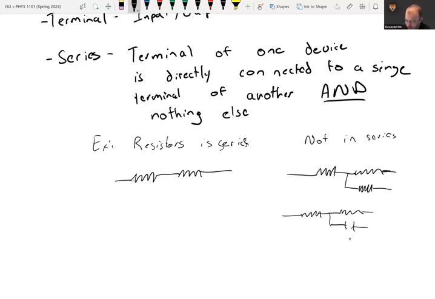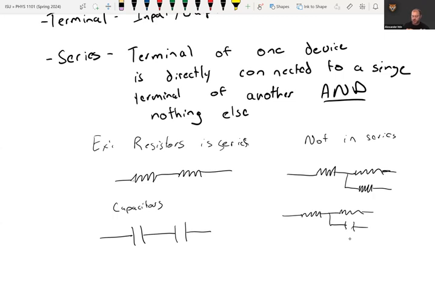So that would be not in series. If we wanted to have capacitors in series, it would look like this. So you've got your first capacitor and then directly connected to another capacitor. Okay. I was going to do a third one, but no big deal. So that is what we're talking about when we're talking about series rules.